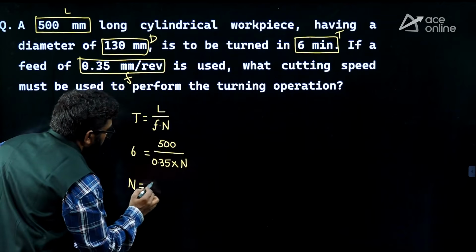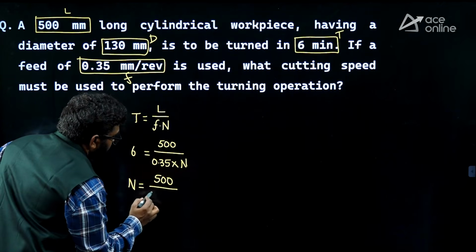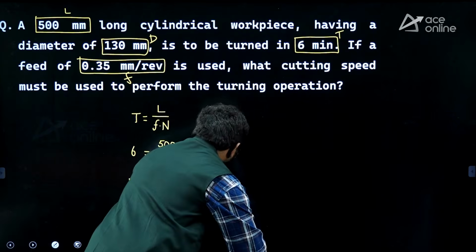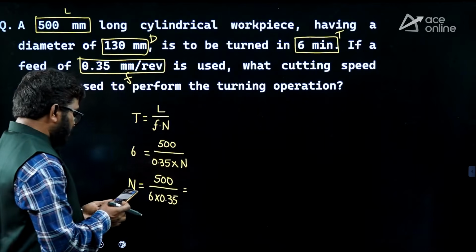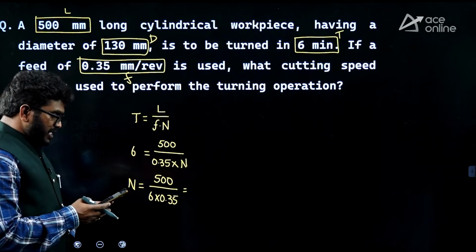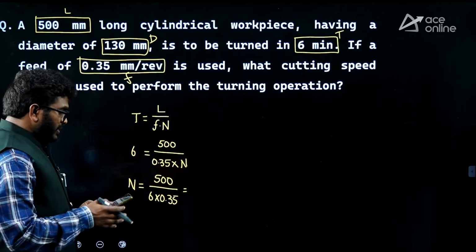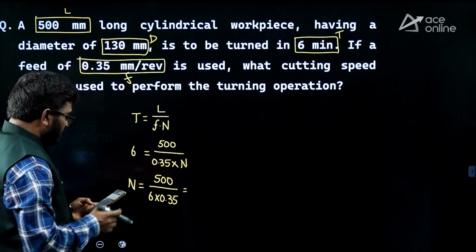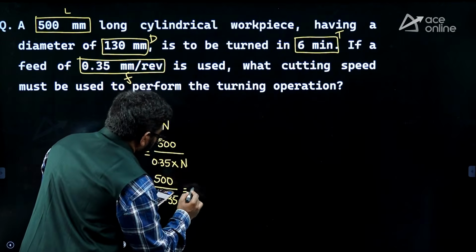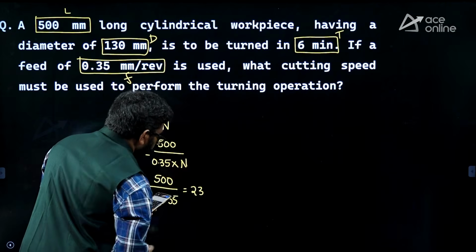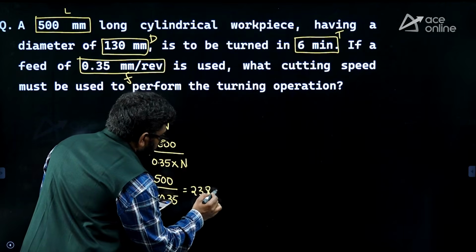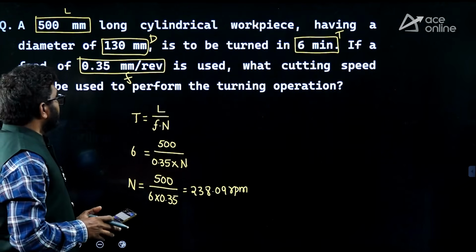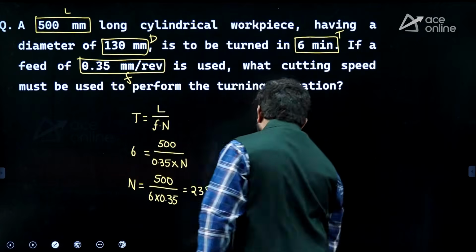N equals 500 by 6 into 0.35. Using the calculator, you get 238.09 RPM, revolutions per minute. Now, from this, calculate the cutting speed.